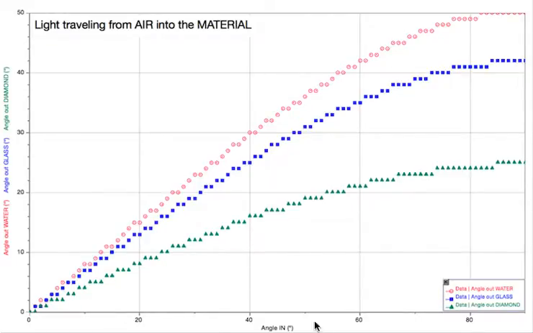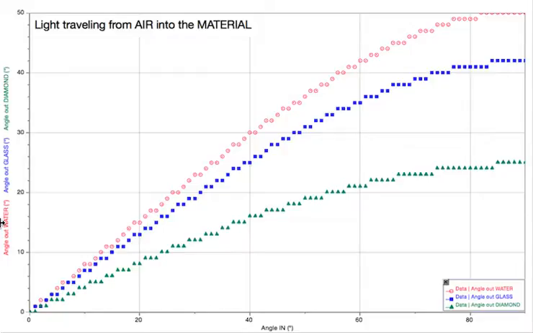And on the x-axis, we are talking about the angle of incidence, and on the y-axis, we're talking about the angle of refraction. Okay, so we have two graphs, and on each graph, with the same color scheme in both graphs, a water line, a glass line, and a diamond line.